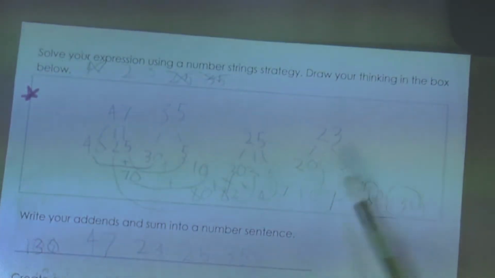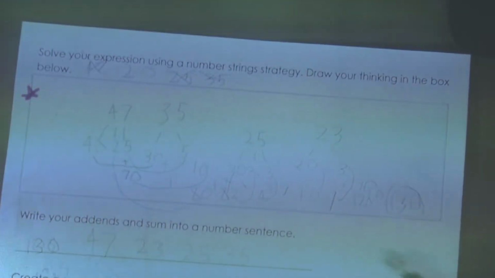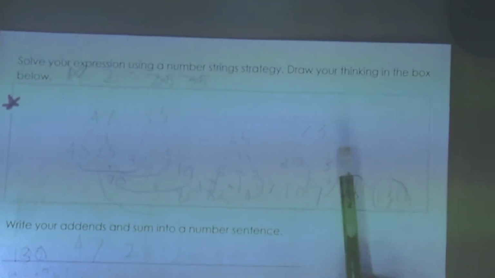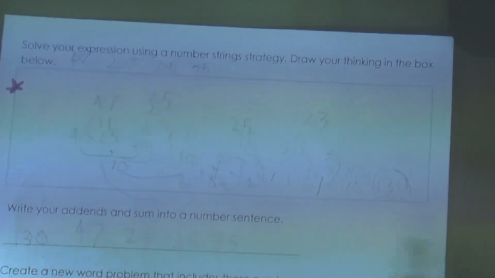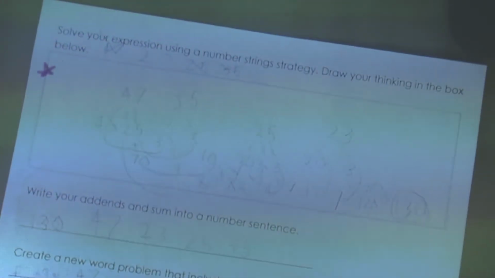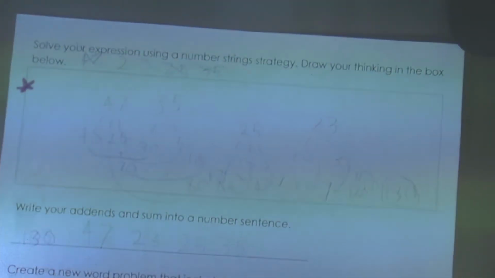I did 7 plus 3 was 10. And then the 10 plus 20 was 30, but it's in the 100, so it's 130.